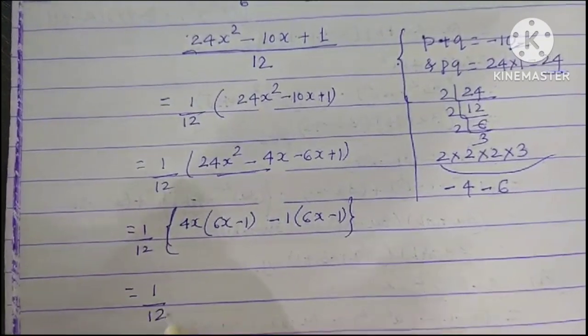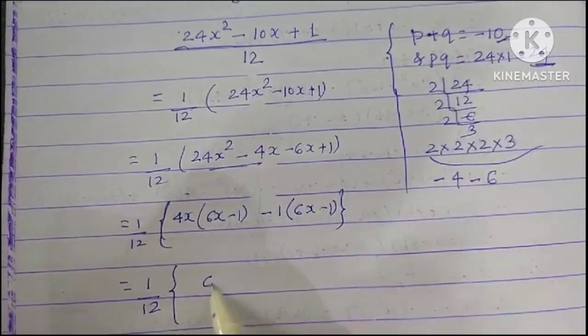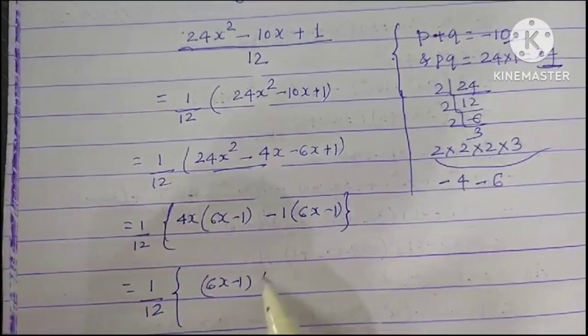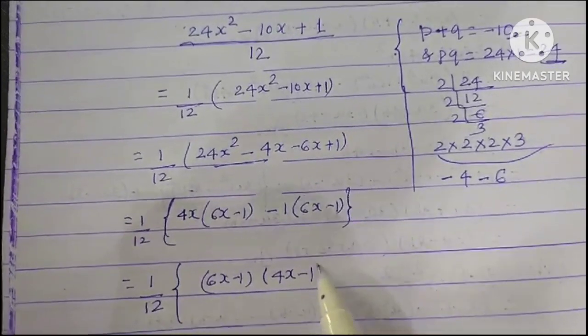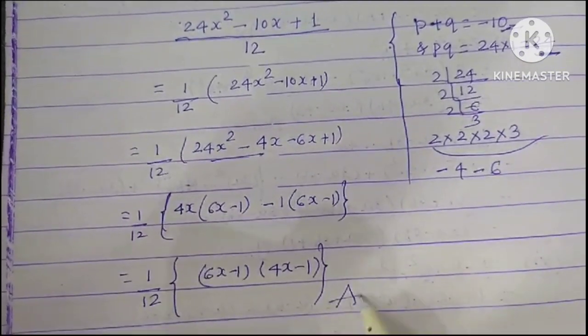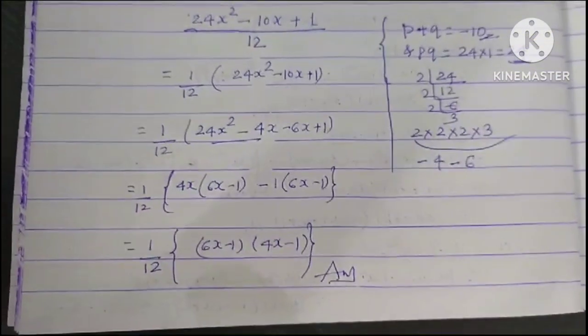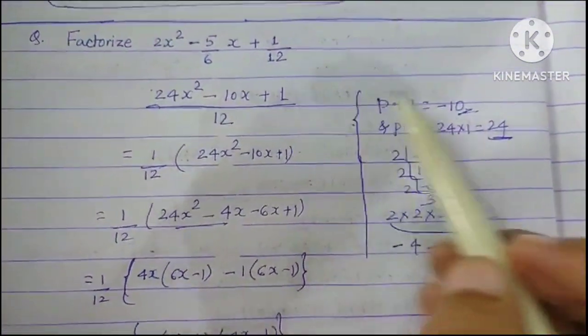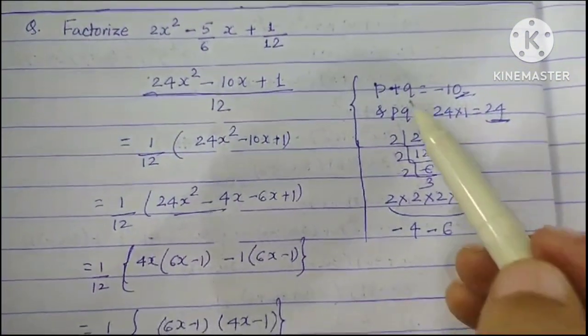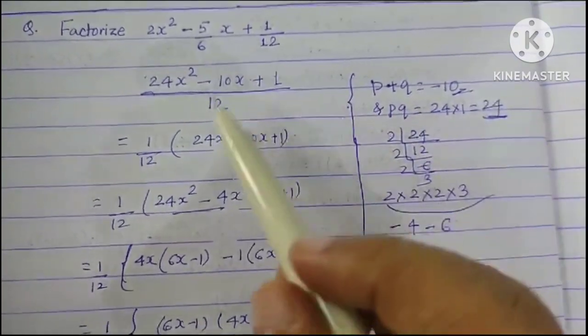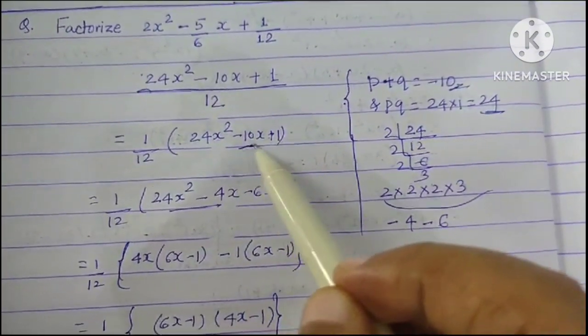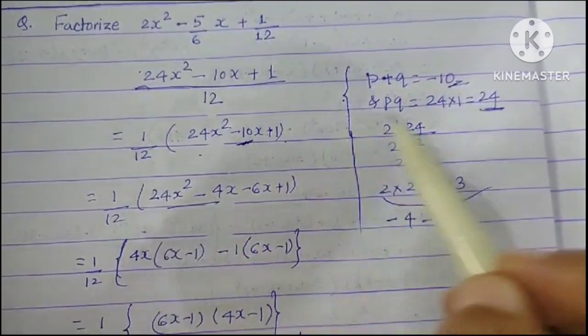So 1 by 12, 6x minus 1 and 4x minus 1. So this will be our answer, factorized form. Our target was to find two integers p and q such that p plus q equal to minus 10 and pq equal to 24.